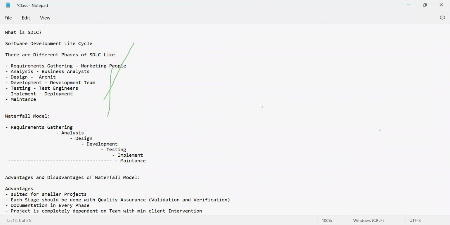Deployment team. Maintenance is again done by all the team. Here is when the management board comes into the picture.